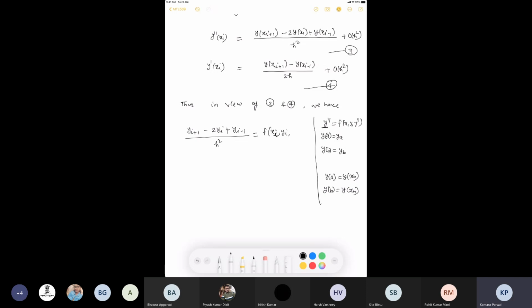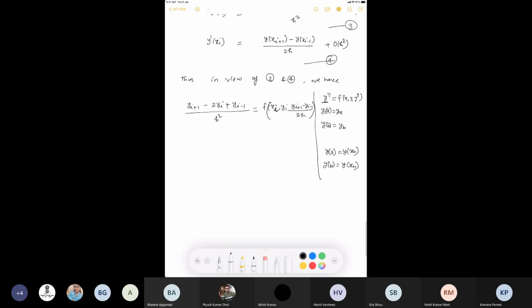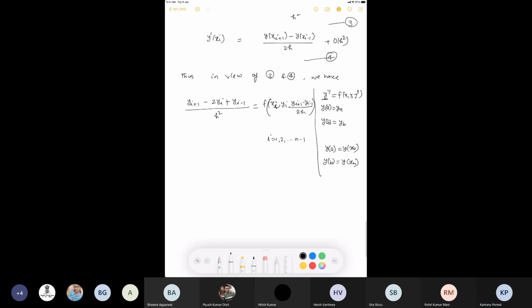So this is yi, and y prime at xi is yi plus 1 minus yi minus 1 divided by 2h. And i is ranging from 1 up to n minus 1. Let's call this 5.